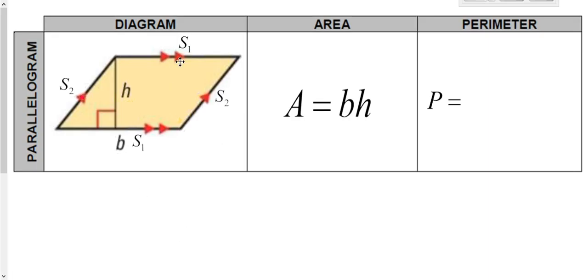So we have two S1s plus two S2s. It's never on a formula chart. We just have to realize we're adding up all the sides, but in this case opposite sides are equal. So we take 2 times one of the sides, plus 2 times its adjacent side, and add them up. Or you can just add all the numbers. Take your pick.